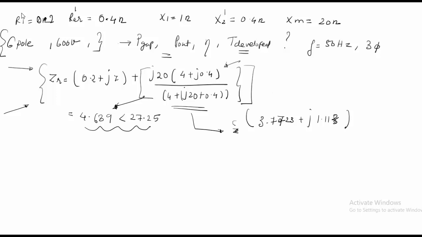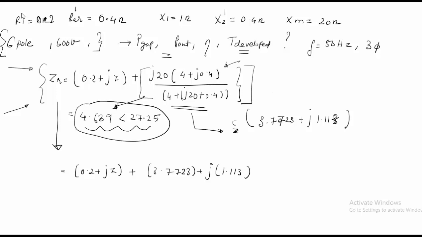So again, if you are solving it, it will come close to 0.2 plus j of 1 plus 3.7723 plus j of 1.113. And the reason is that if you solve this, it will come close to this. So this is how we are finding your ZR.